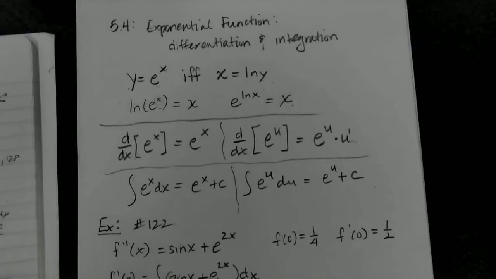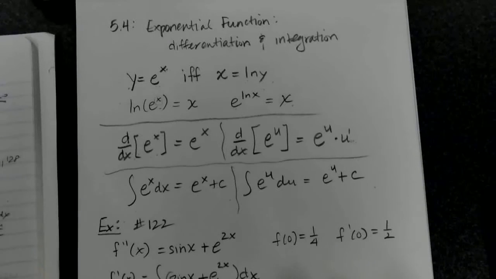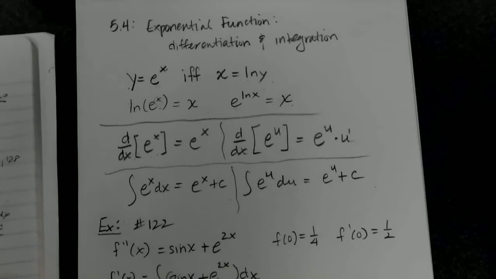Well, we know that the integral of sine of x dx is negative cosine, but this is the new part right here, where u is equal to 2x, and du would then be 2dx, and if I were to solve for dx, it is du over 2. So I'm going to do my u substitution here. Integral of sine of x dx is negative cosine of x, because derivative of cosine is negative sine, so there's my negative cosine of x, plus the integral of e to the u.